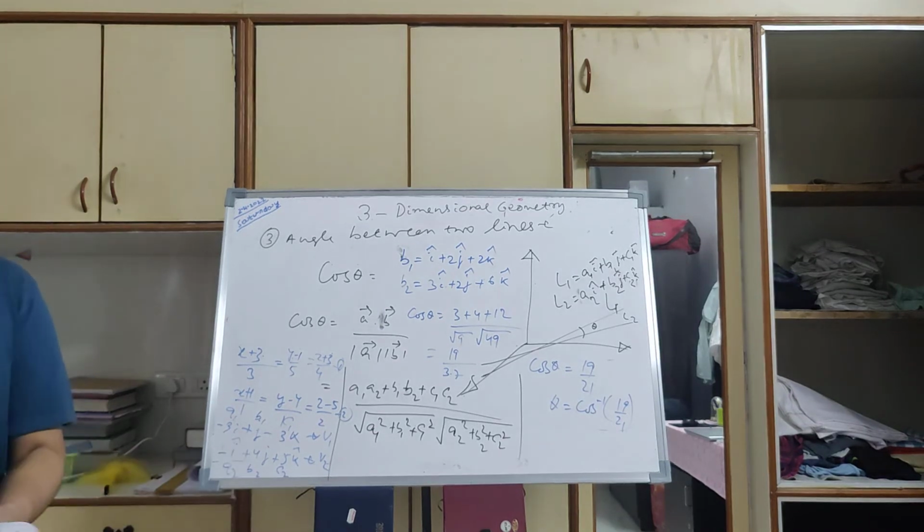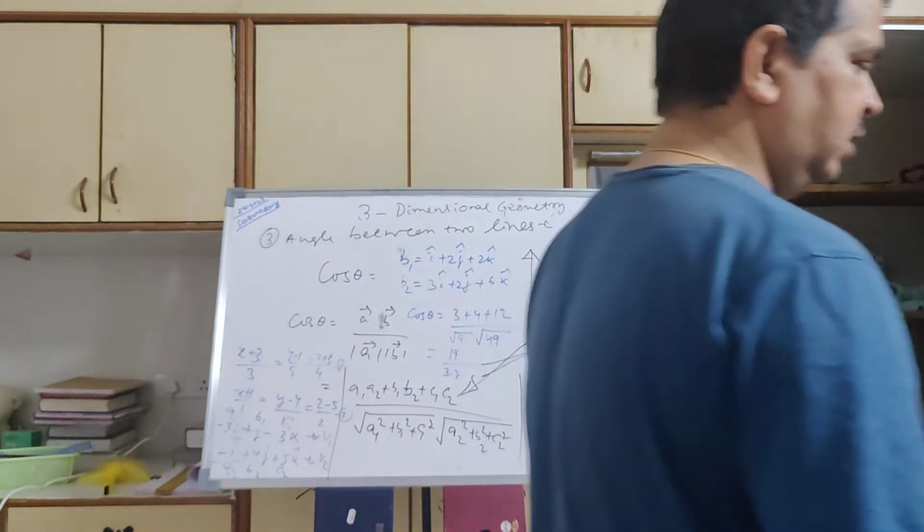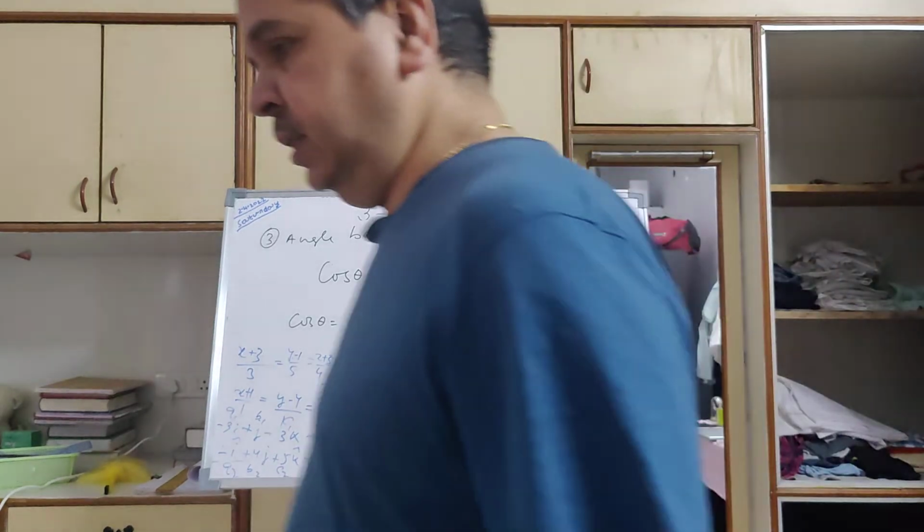Okay. So we have done the lines, the angle between two lines. You take a picture, then we will go to the minimum distance between two lines.